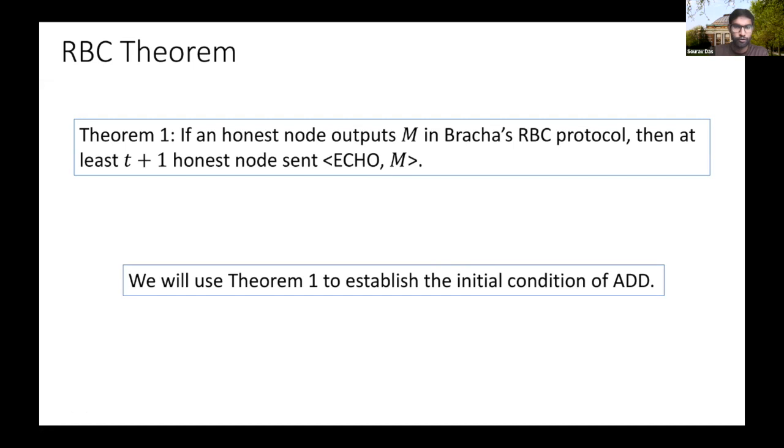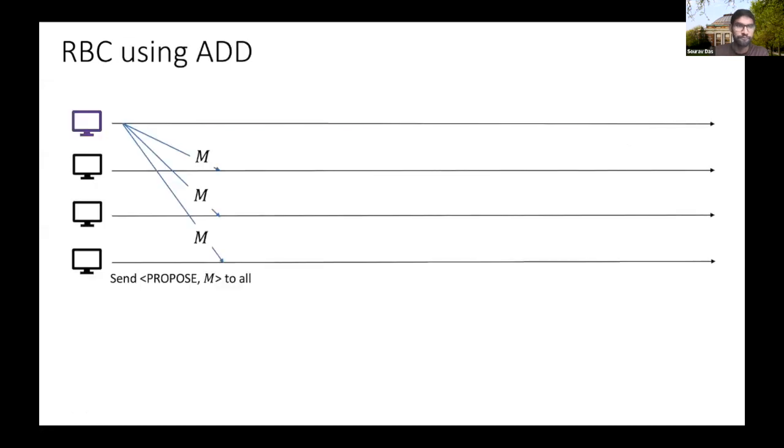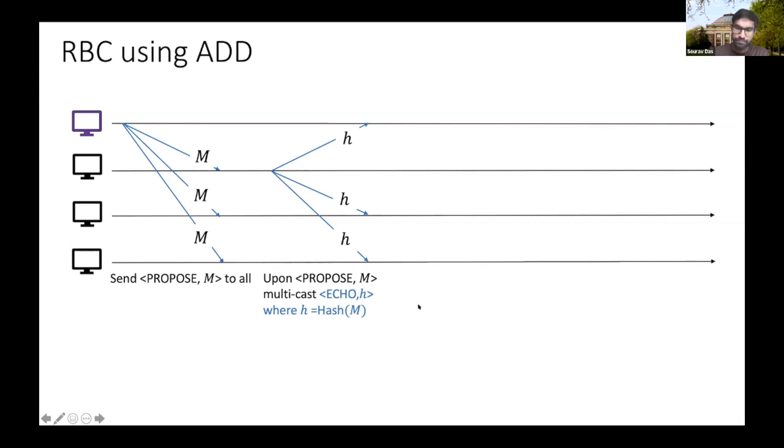Then the new RBC protocol is very straightforward. This is the same as Bracha. The leader proposes the message. Now, instead of echoing the message, everybody echoes the hash of the message.